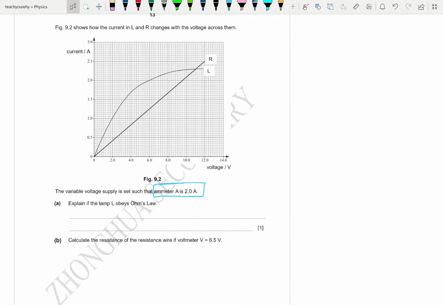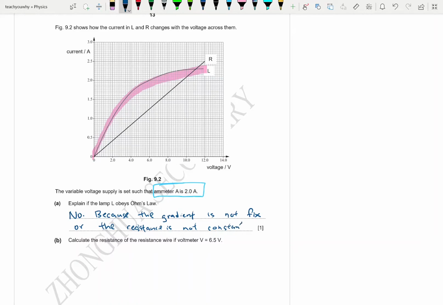But first, question A. Explain if lamp L obeys Ohm's law. So we say no. Quite obvious, it is no. So this is the lamp L. So no, because the gradient is not fixed, or you can say the resistance is not constant as the current changes.